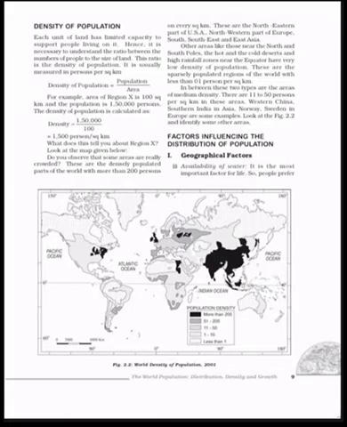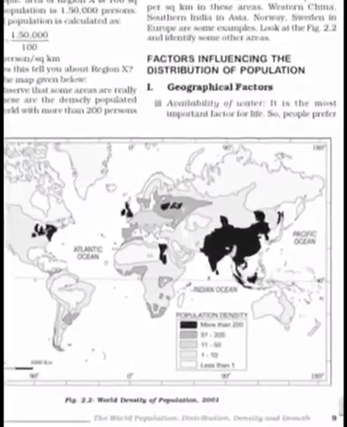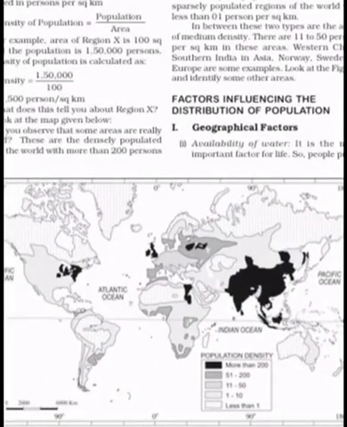So if the area has more population, then it is called a densely populated area, and if it has a mild population, it is less dense. In this world map we can see the area which is darker, that is a densely populated area. The density of population in those areas is more than 200, and as it goes lighter it becomes less dense.